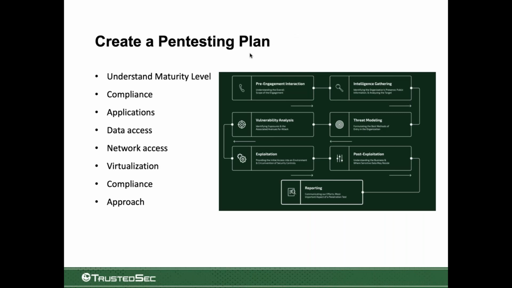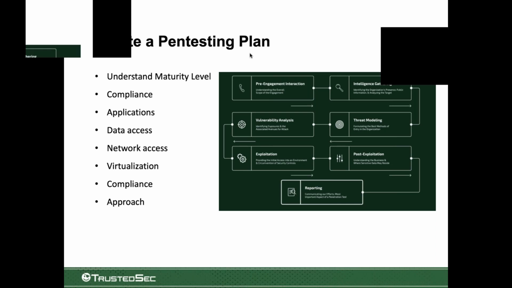So the first thing you want to do in any security testing situation is create a pen testing plan. So that's basically how you're going to execute your test. And so there are some differences in virtualized testing. Here at TrustedSec, we like to separate out testing in the cloud between applications and data access, network access, virtualization, compliance.